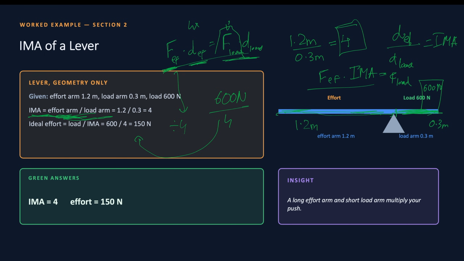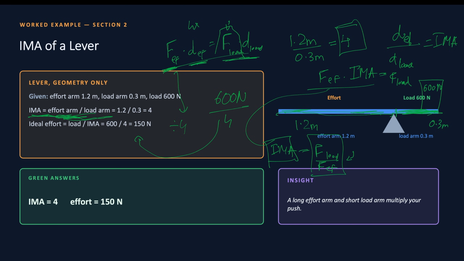Or, if you want to be more intuitive about it, IMA is equal to force load over force effort. Okay? But this is very dangerous here, okay? I know what my IMA was because I got that from the distance thing. That's why I used it to find this, okay?